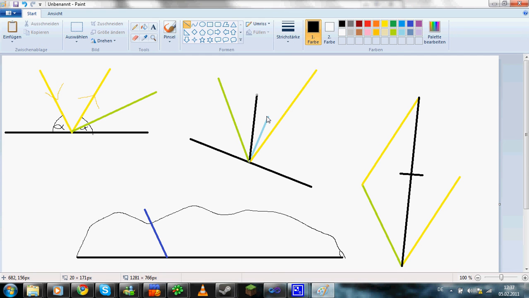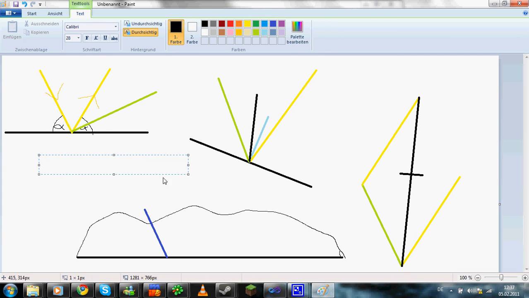So what we do is we take the dot product of the normal and the half view vector. Should make this a bit wider and the writing a bit smaller.